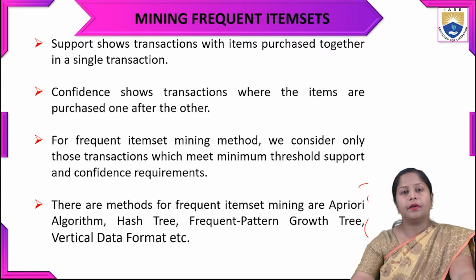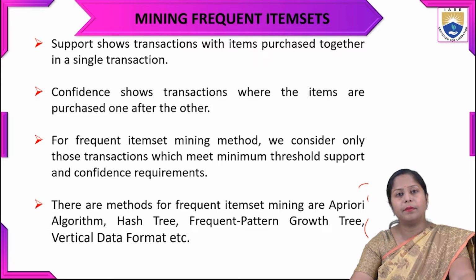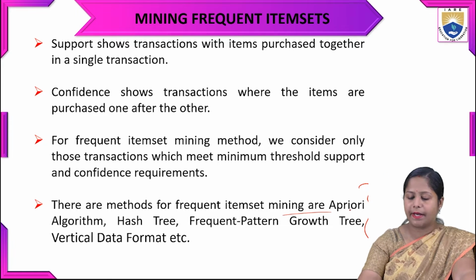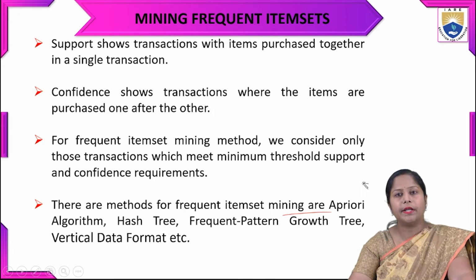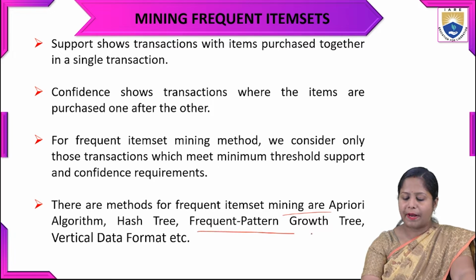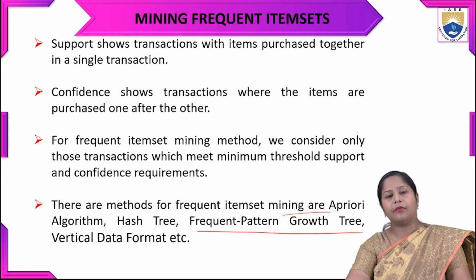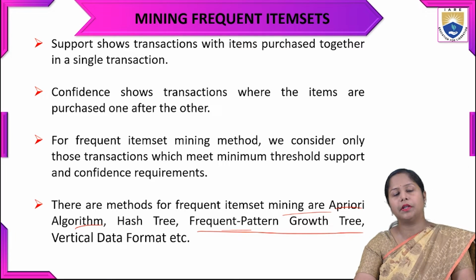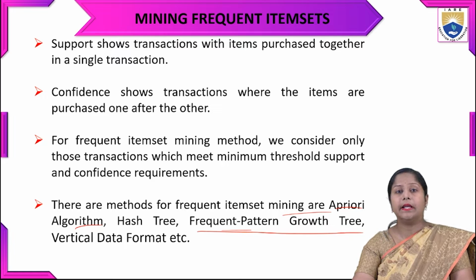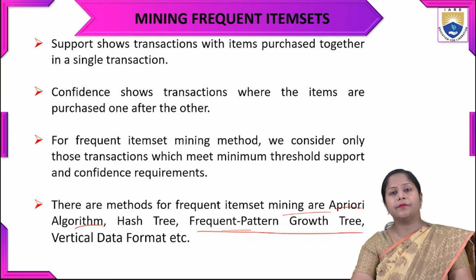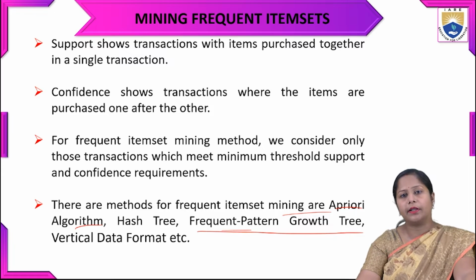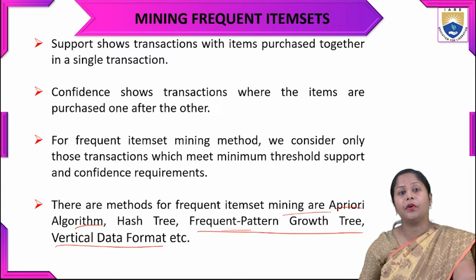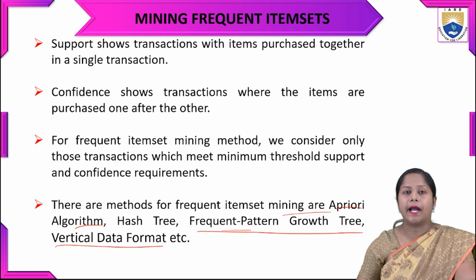Then there are many methods for frequent item set mining: the Apriori algorithm, hash tree, frequent pattern growth tree, vertical data formats. Basically, the Apriori algorithm and frequent pattern growth tree use the horizontal data format, and we can also use a method for the vertical data format. So these are a few methods that have been used for finding frequent item sets.